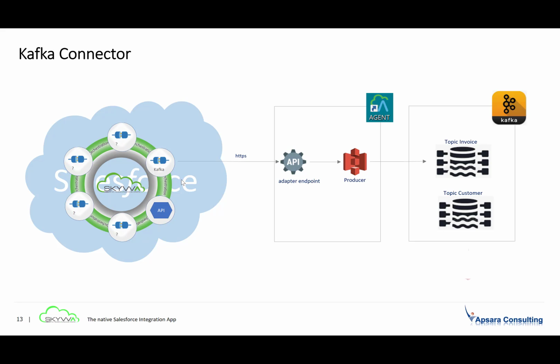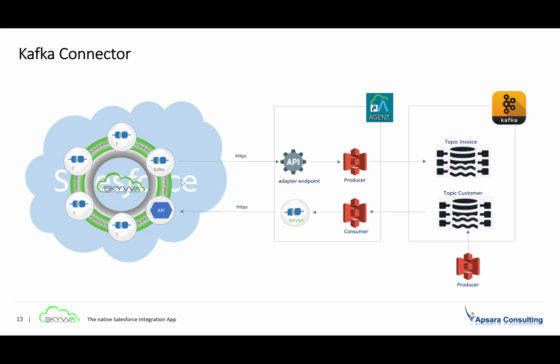On the other side, we can work the other way around, when the external application plays the role of a producer. It puts an event into a topic, into a queue. Then we play the role of a consumer.